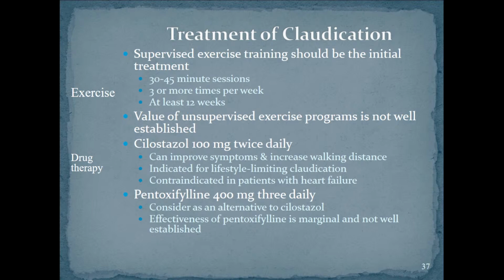It can be a 30 to 45-minute session, 3 or more times per week, and at least 12 weeks it should last. The value of unsupervised exercise programs is not well established.